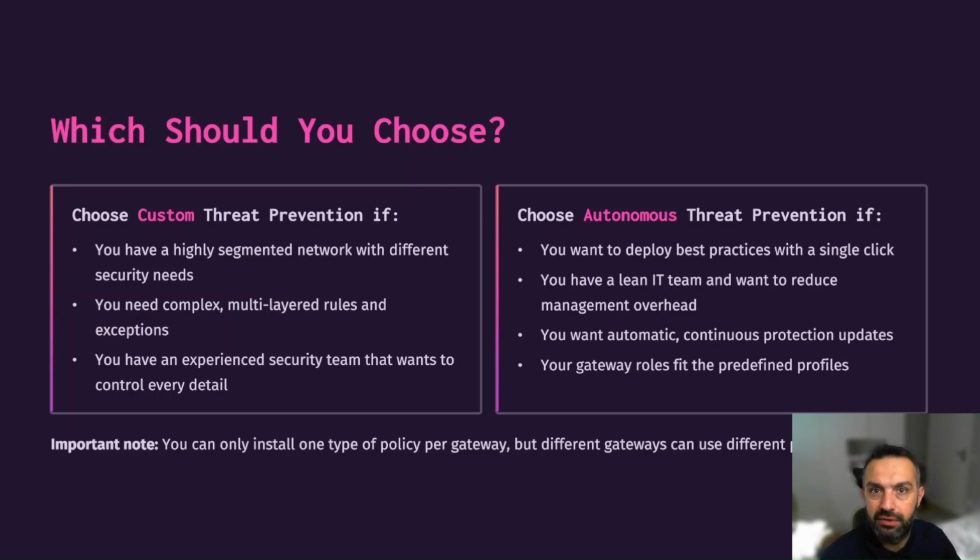It's also important to note you can only install one type of policy per gateway. So we cannot use custom and autonomous. You should choose one of them. You can't mix and match. However, you can have different policy packages for different gateways. So your main perimeter cluster could run an autonomous policy, while a specific internal dev cluster, for example, could run a custom policy.